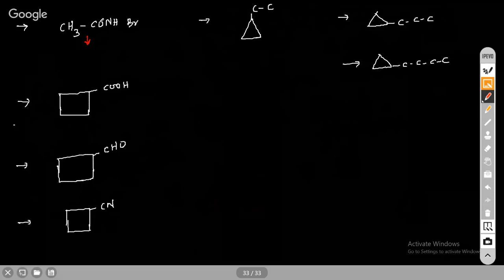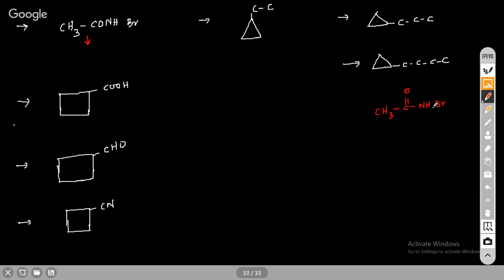Okay, see. First of all, the functional group in this is amide. The structure of this is what you see: CH3 C double bond O N H2. If you write it down, then it is amide. Okay, CONH2 is the amide group. But here we have NHBr, because one hydrogen of this nitrogen is replaced by Br.